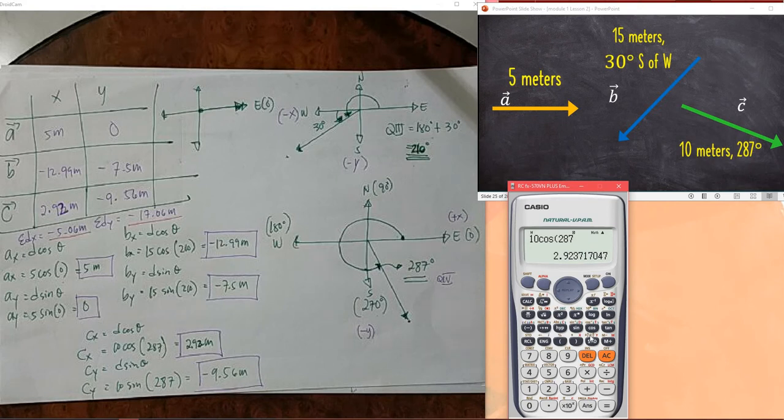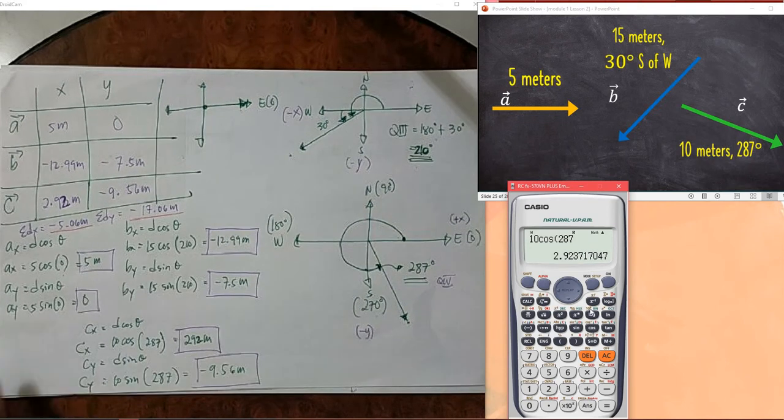And then, let us add the values. 5 plus negative 12.99 plus 2.92. Ayan. It should be negative 5.07.